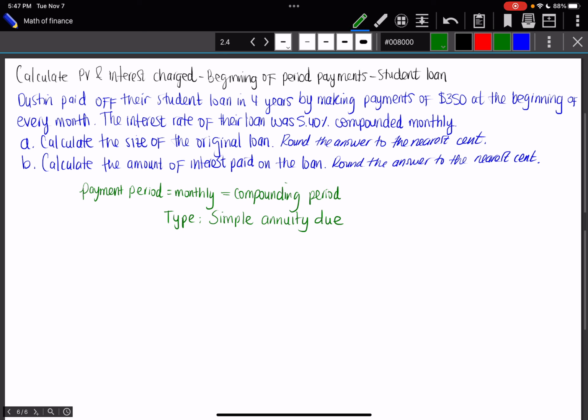And when we work with a simple annuity due, there are certain formulas we need to keep in mind.